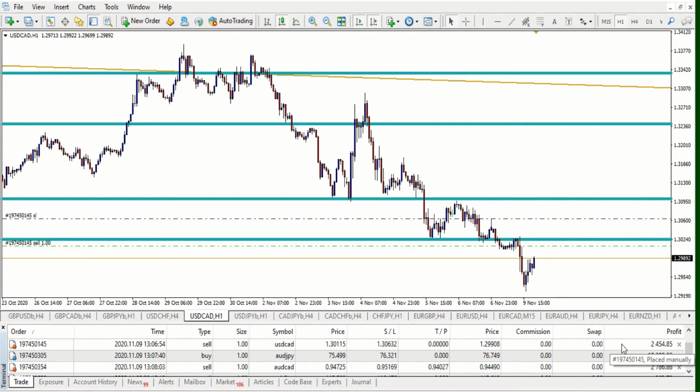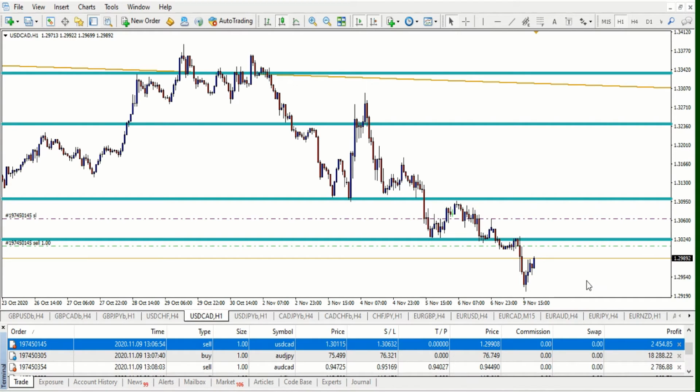So this one was a perfect break and retest. The market came down as we anticipated in my Sunday analysis, came back up, retested there, then started moving back down. This was as simple as it can get.